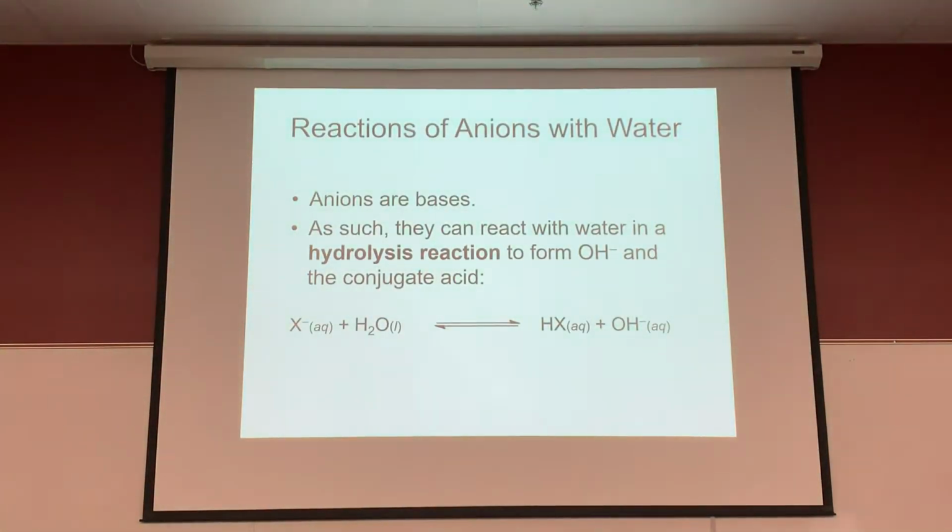Generically speaking, that's this thing right here. Like here with the acetate, you could put in benzoate or any other anion from the weak acid, and the same reaction happens.